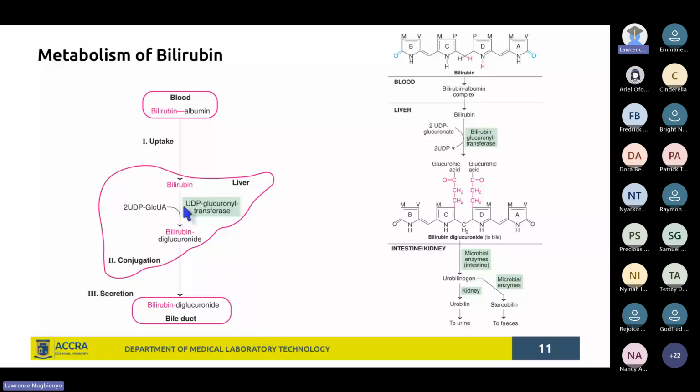Again, there is a transfer of a glucuronide. And so here you then have bilirubin diglucuronide. Again, this can now flow freely, be stored in the bile, in the gallbladder, and then secreted into the duodenum in the digestive system through the bile duct.